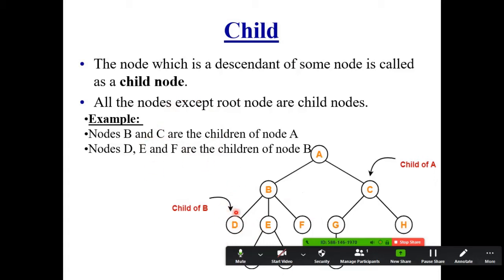I take node B as a child of node A. The nodes D, E, F are children of node B. The node C is a child of node A. Nodes G and H are children of node C. So I hope you're clear.